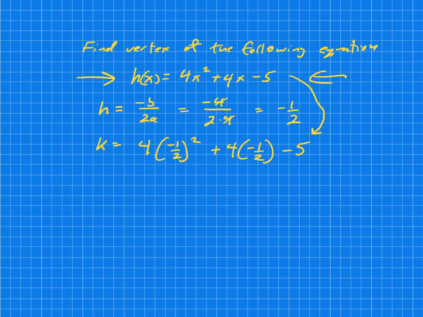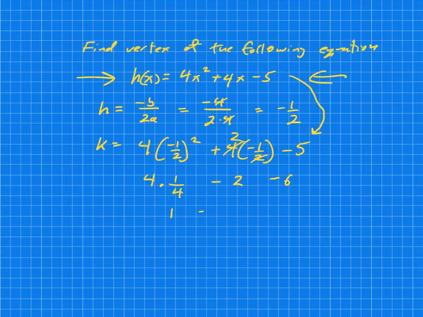So basically I just plugged in the negative 1/2 into the equation on the top. So now what I have is 4 times 1/4, negative 1/2 times negative 1/2, minus 4 times negative 1/2. The 2 goes into the 4 2 times, but there's a negative sign, so it's minus 2. So keep going here.